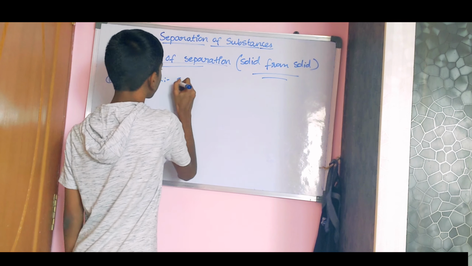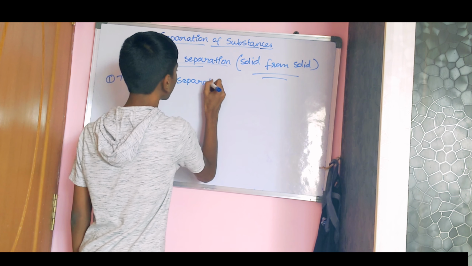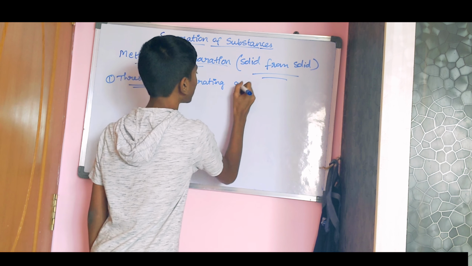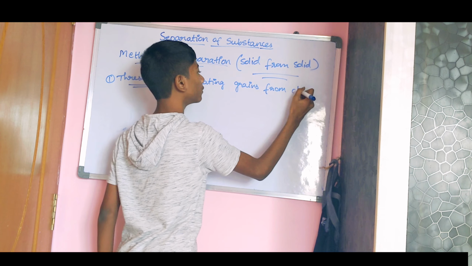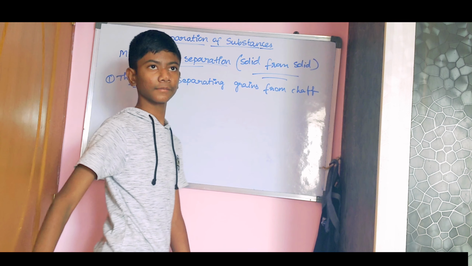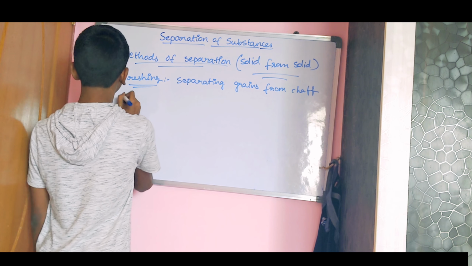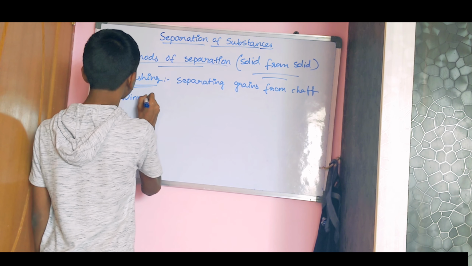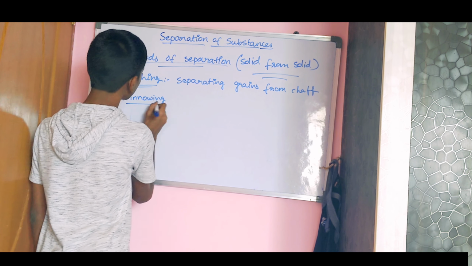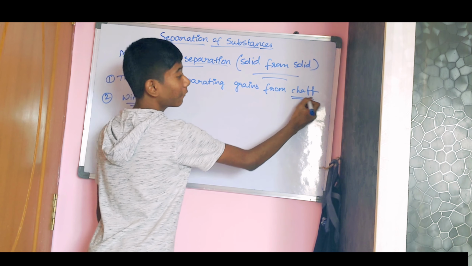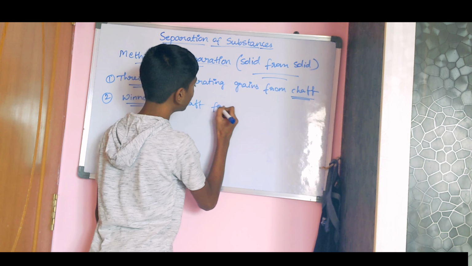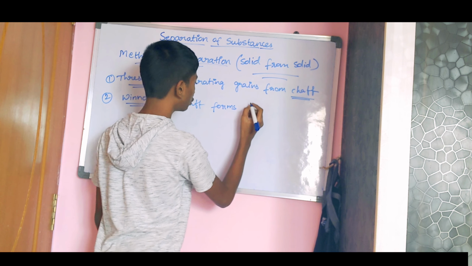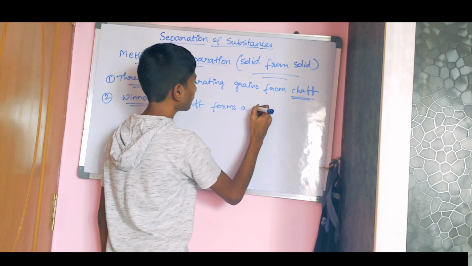So threshing is nothing but separating grains from chaff. Here chaff refers to layer on grains. Next one, winnowing. Winnowing is nothing but chaff formed aside. Chaff forms as heap. Heap is nothing but a group or a large quantity.